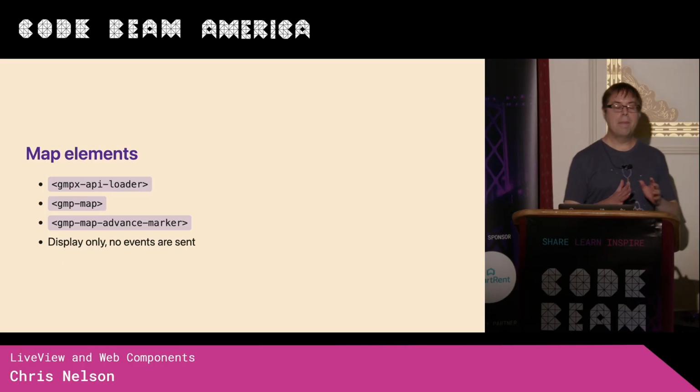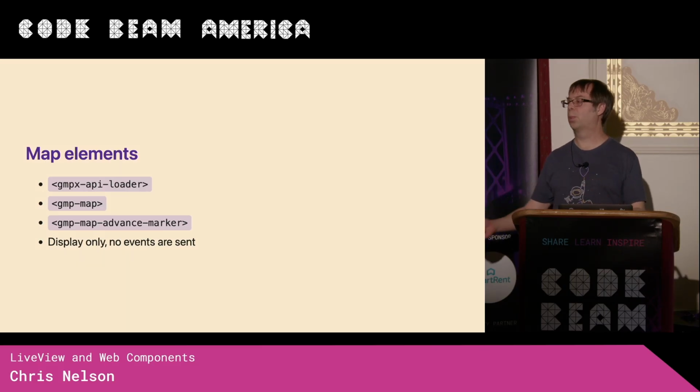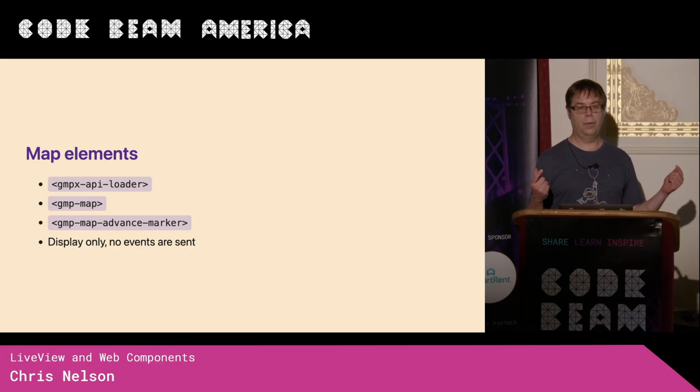Let's talk about the map elements next. There are several of them in this example application, none of which I created. So this is an example of just using out-of-the-box custom elements provided by another source. In this case, these are custom elements that Google created for us.